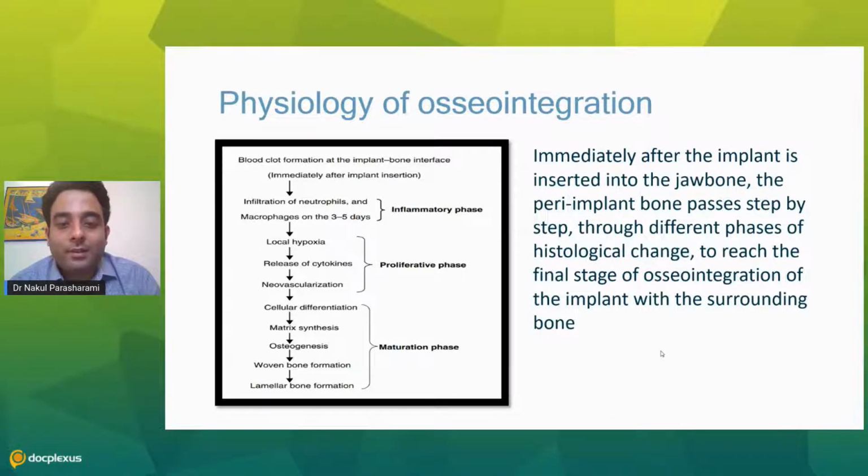The crestal level, the level which is at the crest, is stable, and there is no bone loss associated with it. There is increased mineralization of the newly formed bone at the implant surface. The soft tissue is healthy, and peri-implant radiolucency is absent when you take an X-ray. This shows that the implant has been firmly osseointegrated in the jawbone.